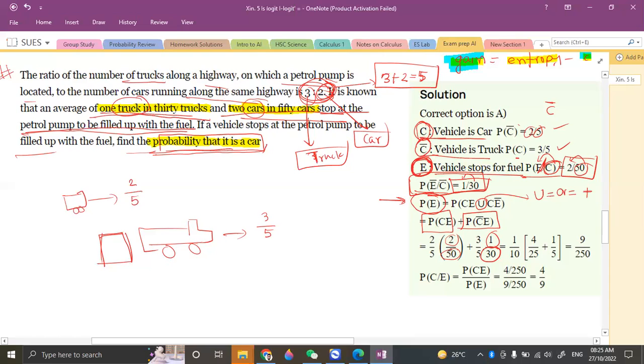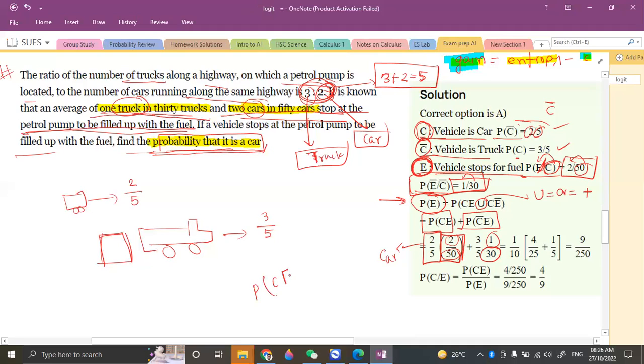So the probability of C, you see here, is that the vehicle is a car. So 2 out of 5. That means the probability that the vehicle is a car. And if it is a car, then the probability of it stopping at the petrol pump is 2 out of 50, right? So we just multiply them, because we have the probability of CE.